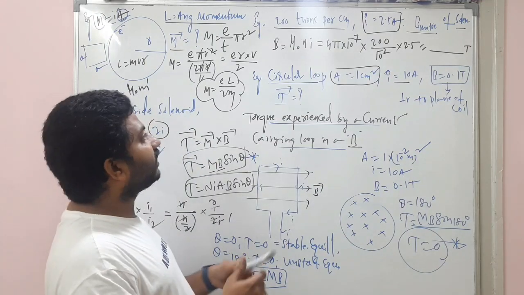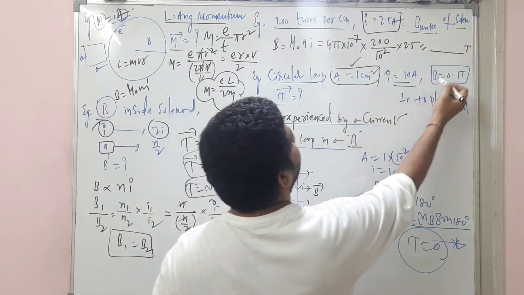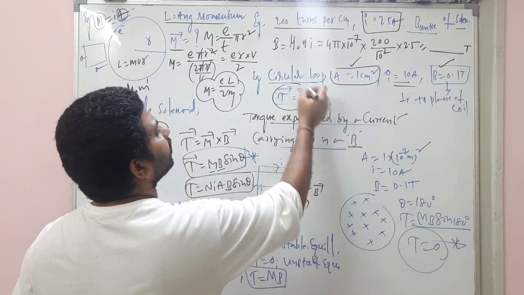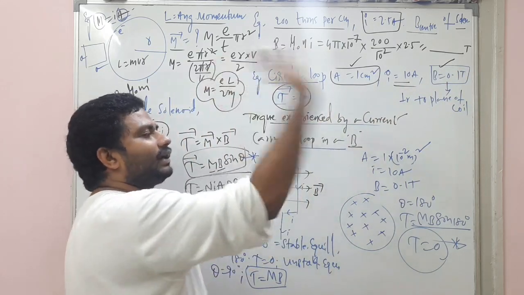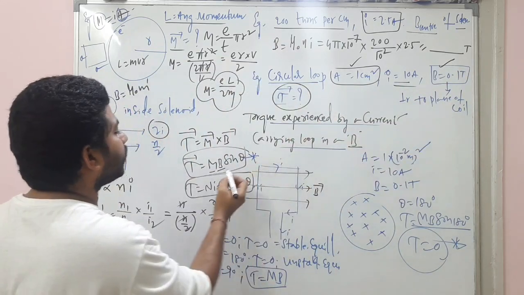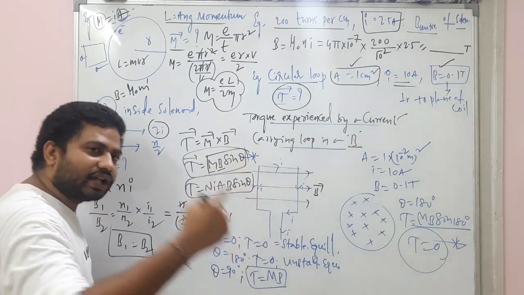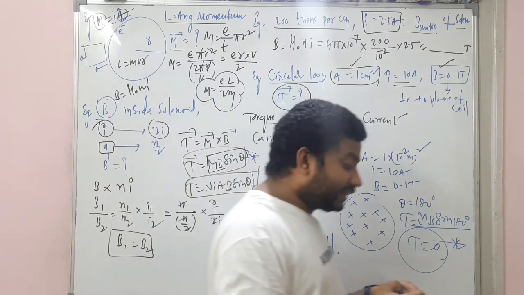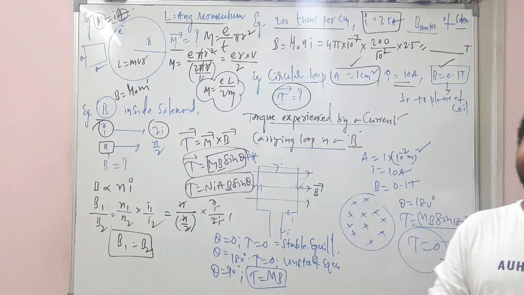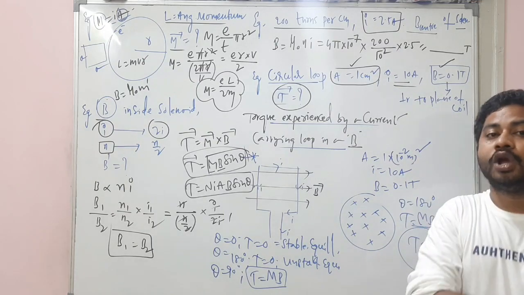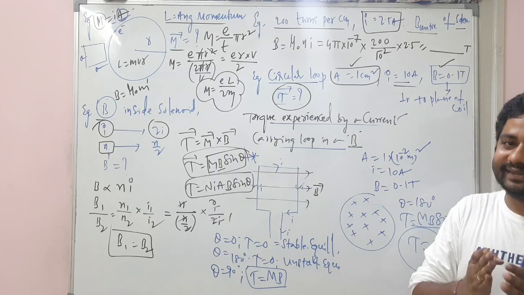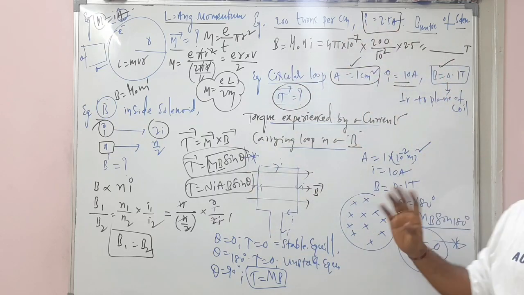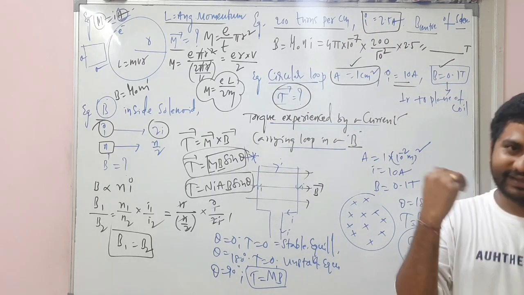As they have given area, current, magnetic field and are asking you to find the torque, students directly substitute here, so you will get the wrong answer, because you must know carefully what exactly theta is. Questions like this can also come in the exams.